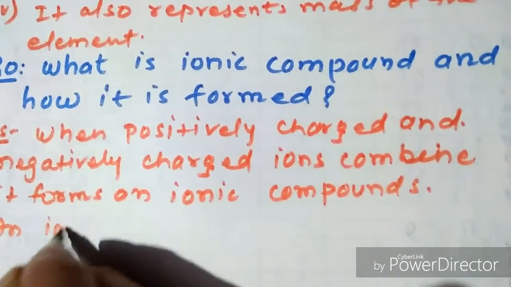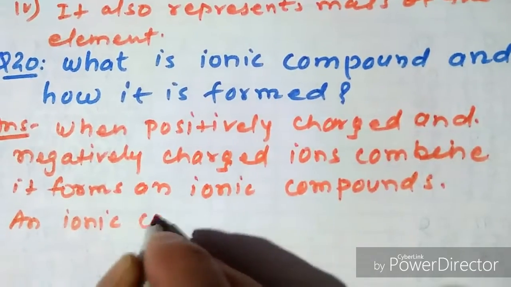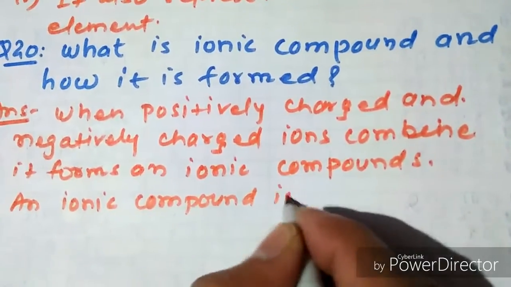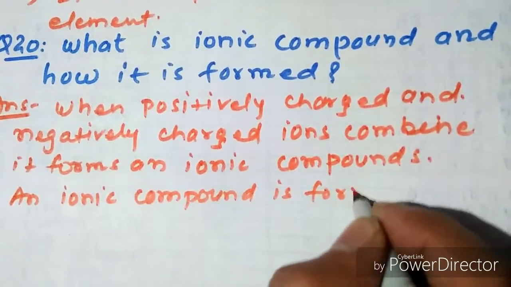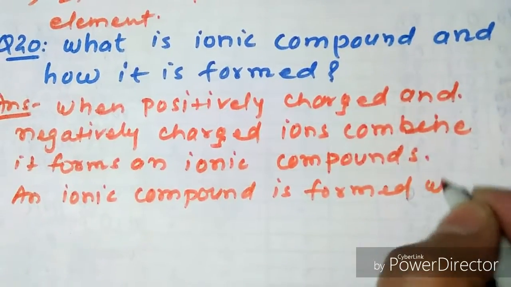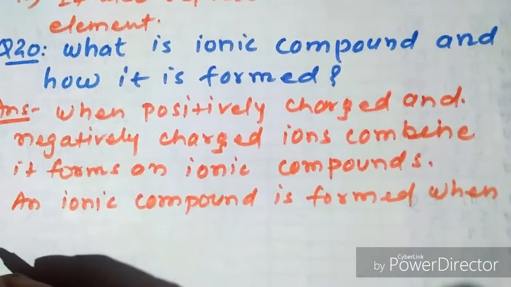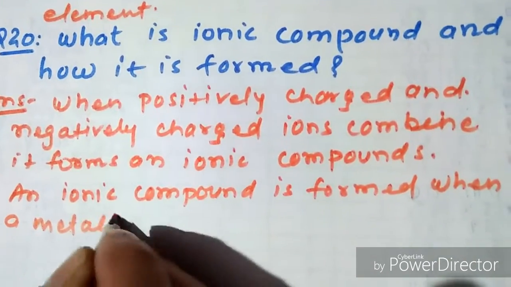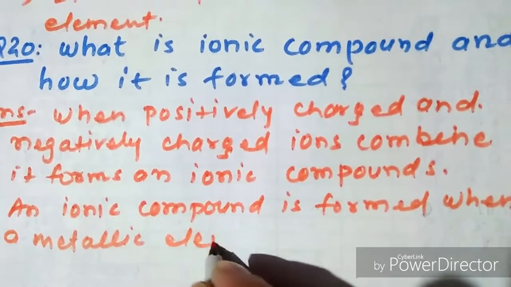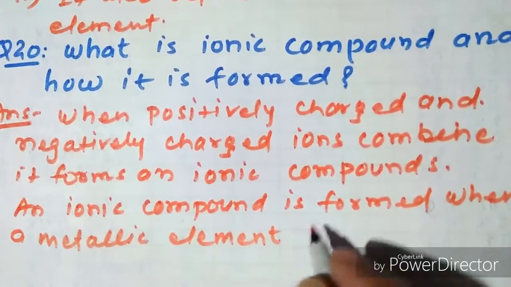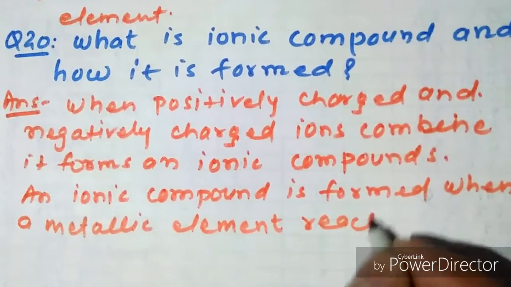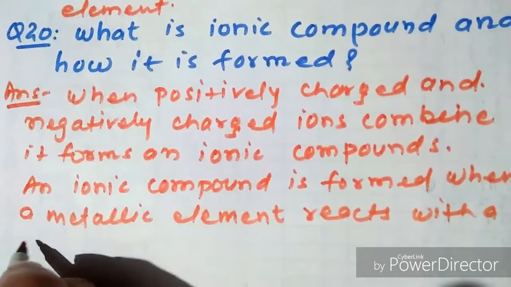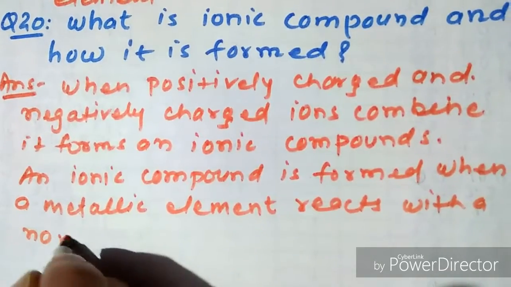And an ionic compound is formed when a metallic element reacts with a non-metallic element.